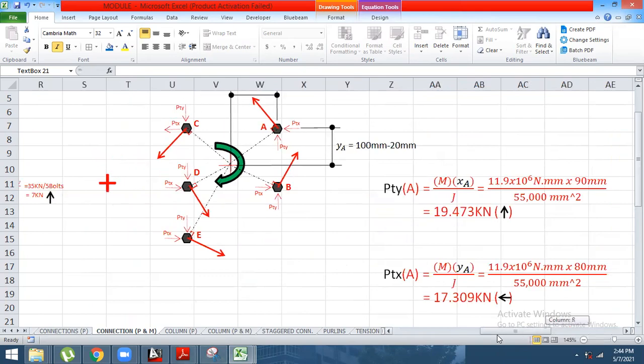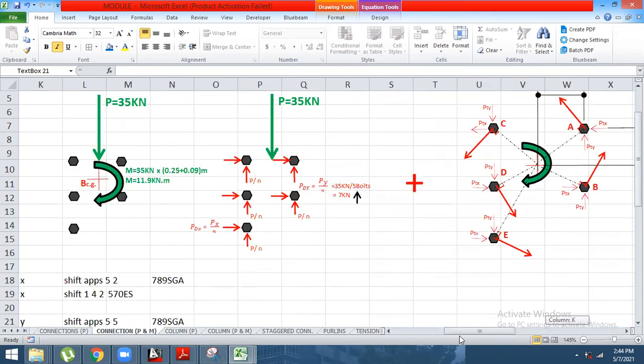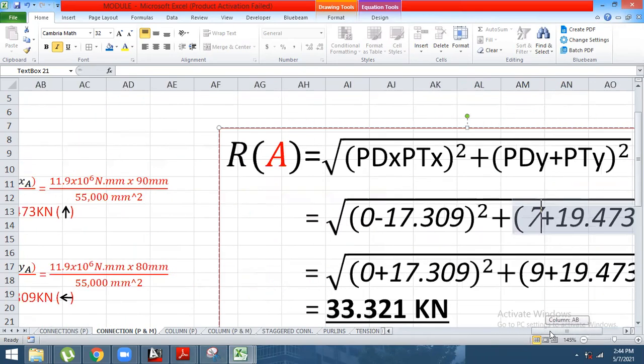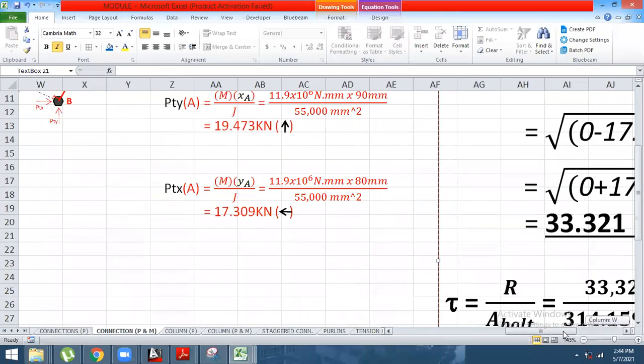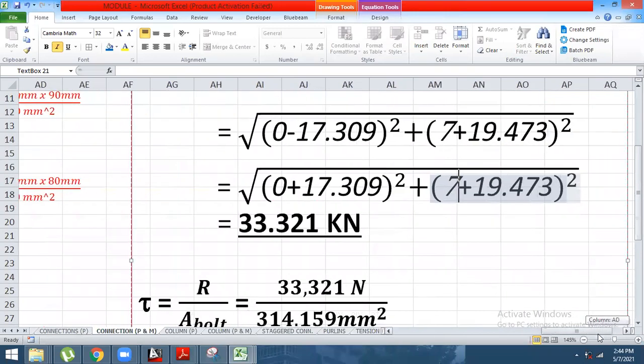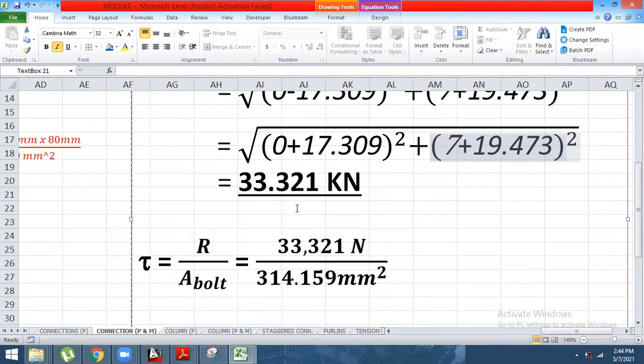PDY is 35 divided by 5, so this is 7. This should be 7 also. So 17.309 squared plus 7 plus 19.473 squared would result to 31.629.